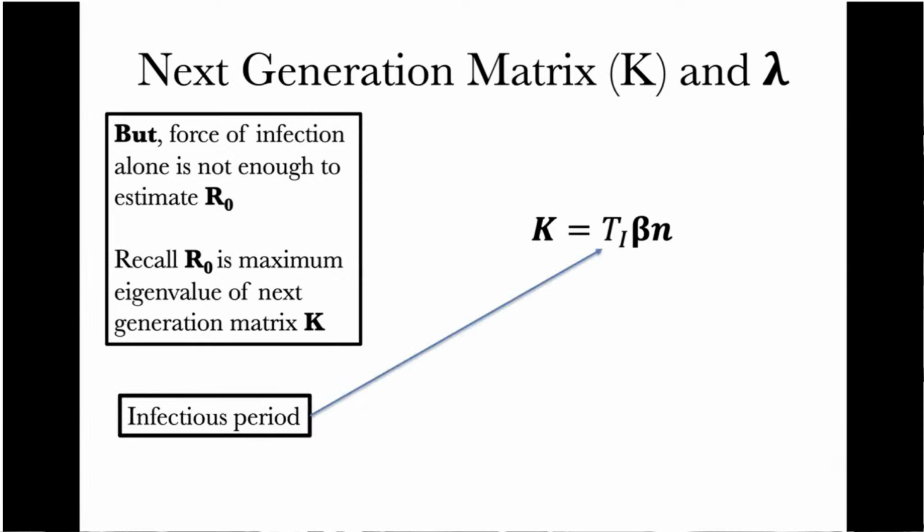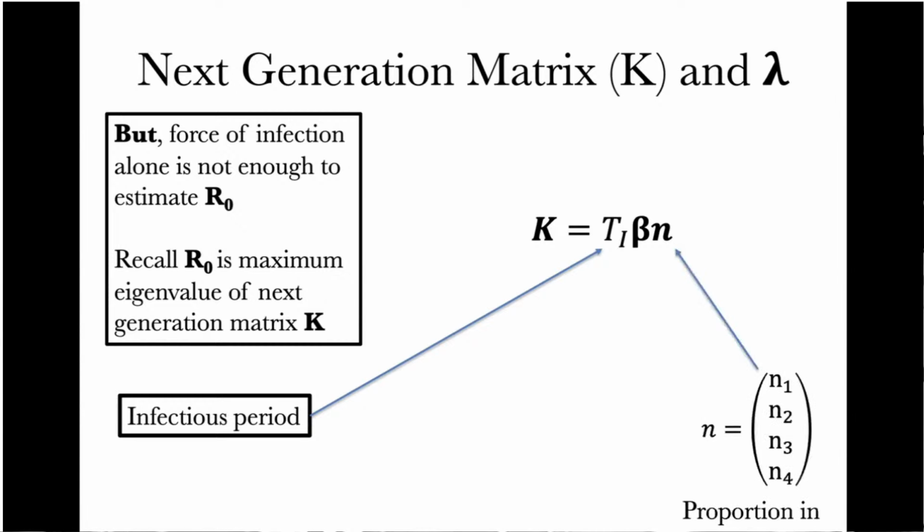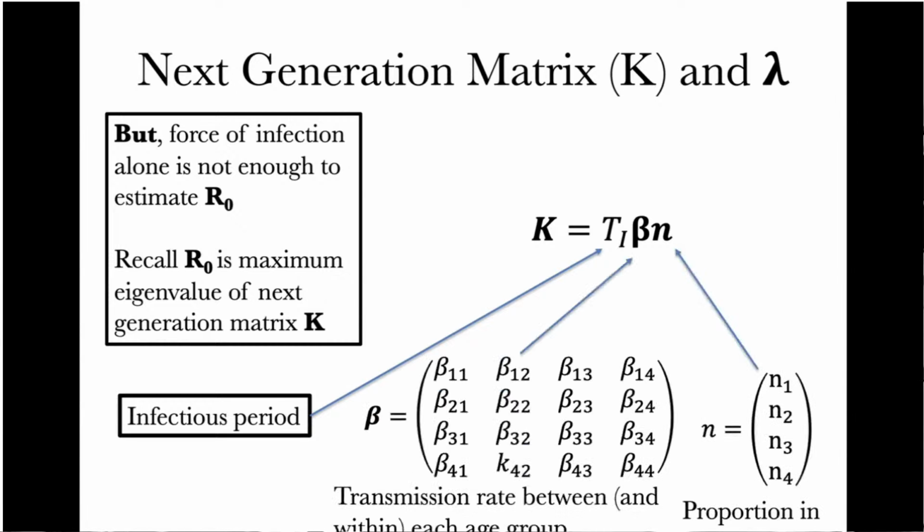Yeah. The other way, in an endemic state, is to use the next generation matrix, which we have discussed a bit in the class, and it's basically a product of the transmissibility and the infectiousness.